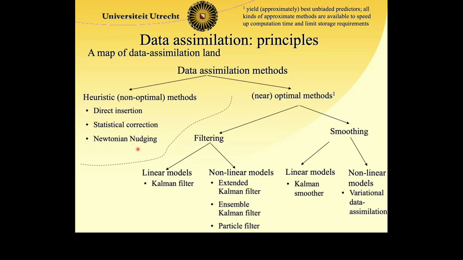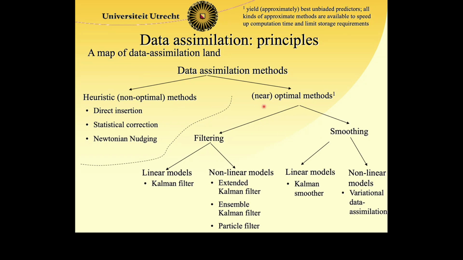And there's so-called Newtonian nudging. That is a way where you add some additional inputs to your stochastic system that you try to nudge, changing the value recursively, such that your model comes as closely as possible to your observations. That's called nudging. So these are all heuristic methods.